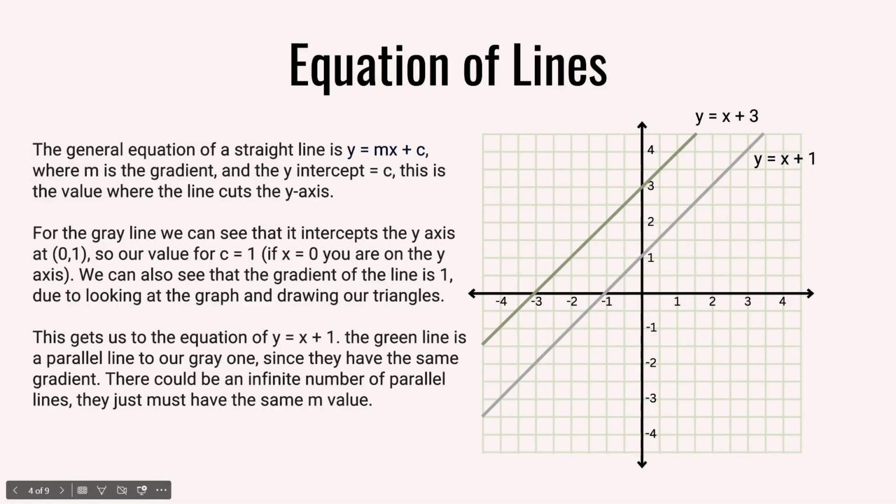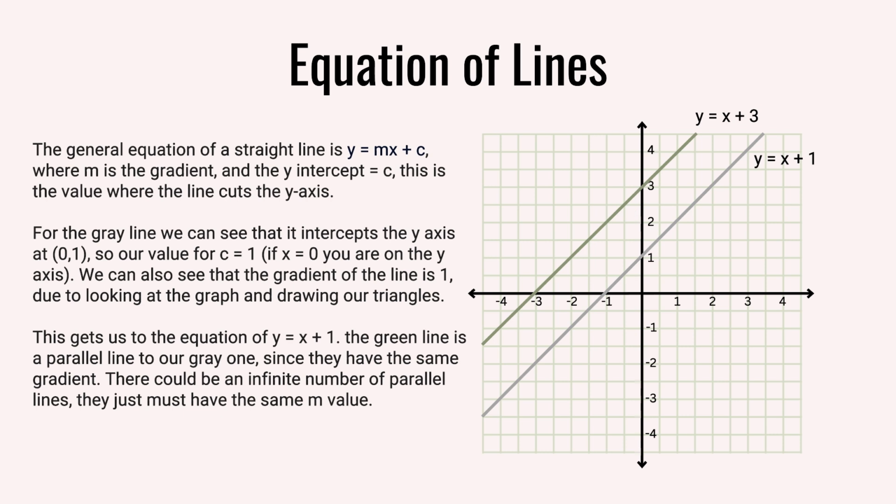As we said before, the general equation of a straight line is y equals mx plus c, where m is the gradient and the y-intercept equals c. And if you didn't know, this is the value where the line cuts the y-axis. So if we look here at y equals x plus 1, we can see the y-intercept is at 1. For the grey line, we can see the y-intercept at 0, 1.